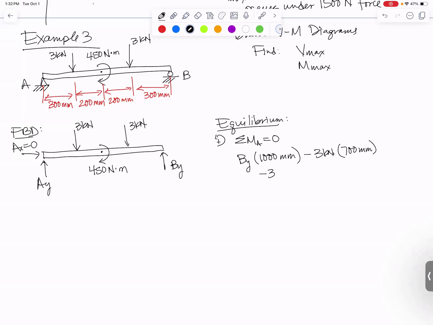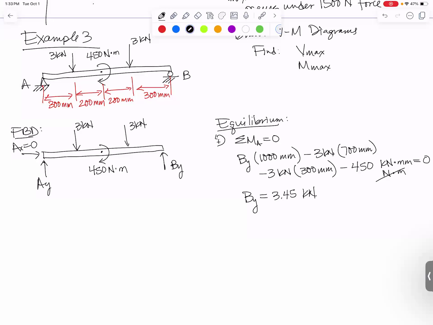And the other one, minus 3 kilonewtons, is only 300 millimeters away from point A. And then finally, also clockwise, I have my 450 Newton meters. Oh, everything else I just wrote down was kilonewton millimeters. Well, guess what? A kilonewton millimeter and a Newton meter are the same thing. That all equals 0. So we can solve that, and we get BY is 3.45 kilonewtons.